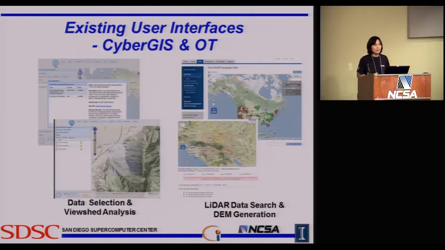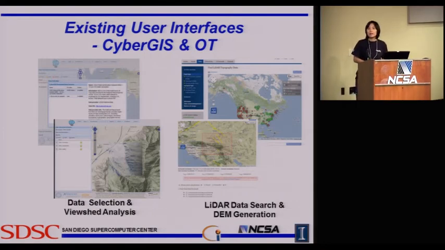I will talk about the interface level integration of these two science gateways. As Nancy and Anand highlighted, these two science gateways have been developed independently, so they already have some pre-built user interfaces. For example, the CyberGIS Gateway has interfaces for data selection and viewshed analysis.